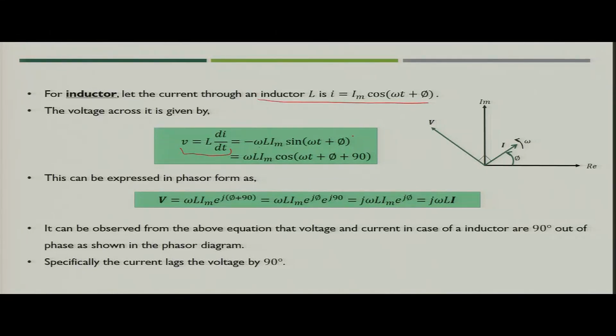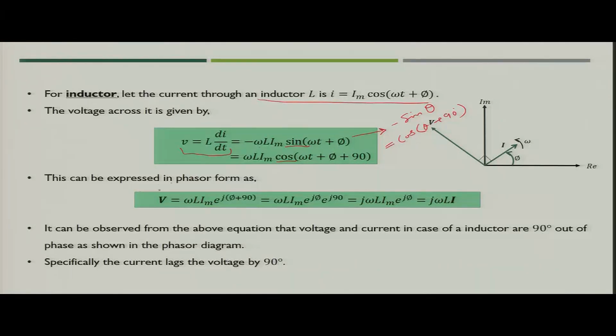We discussed a couple of lectures back that minus sin theta can be represented as cos(theta plus 90 degrees). So we convert the sin into cos, and we can write omega L, where L is inductance, Im cos(omega t plus phi plus 90).